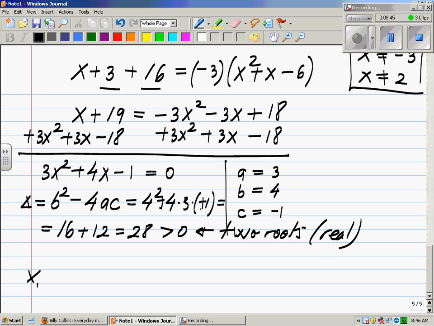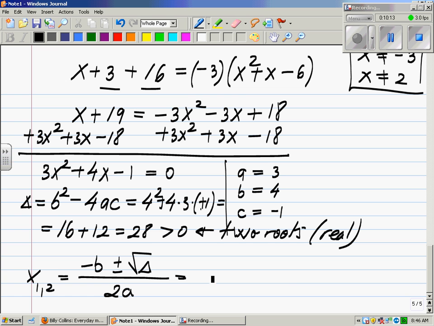And now, your x1 and 2. And you're using the quadratic formula. What is the quadratic formula? x1, 2 equals... Help him. Minus b plus or minus square root of delta over 2a. Great.